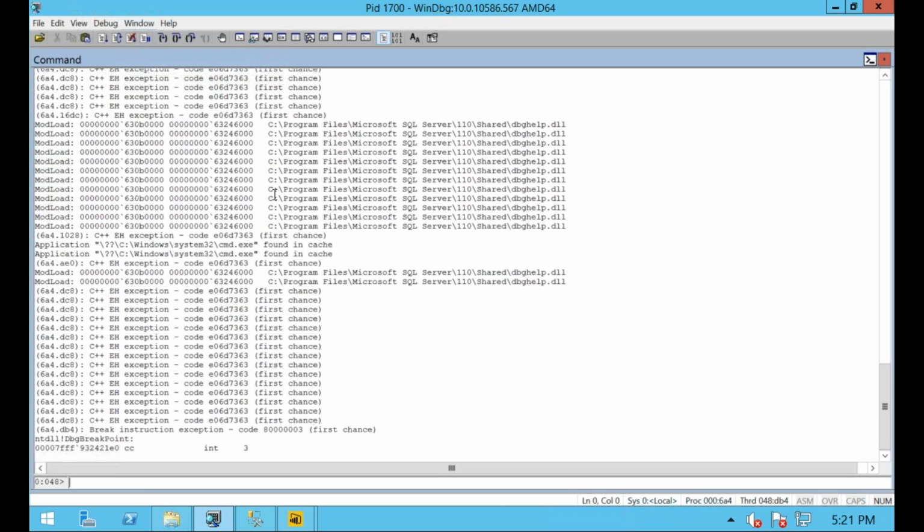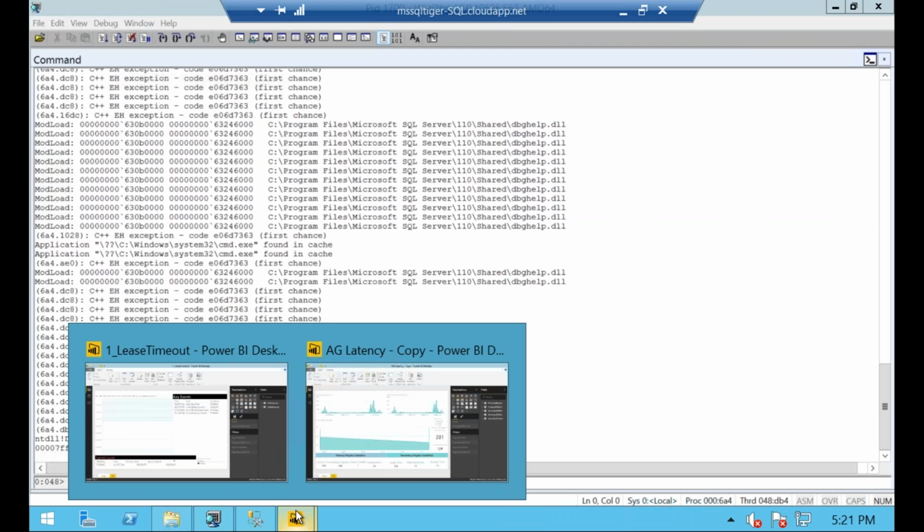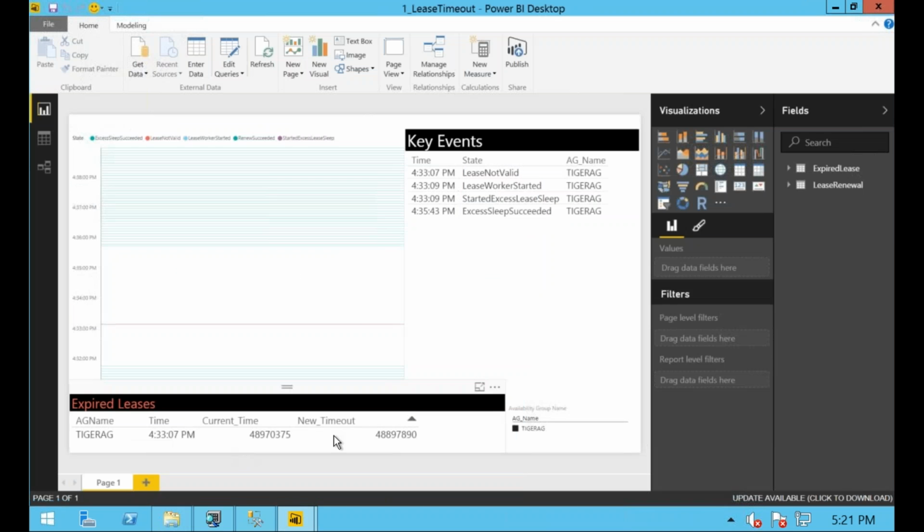So the SQL Server process will not be able to respond to the IsAlive check, and that would result in a lease timeout. While that's happening, let me show you what would happen if I was able to process all of these events using Power BI Desktop.